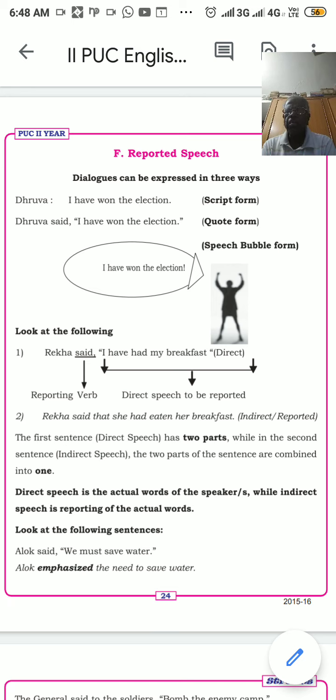Example, the minister said, I am glad to be here today. Here we have to change here and today. The minister said that he was glad to be there. Here becomes there. Today becomes that day. So this is very simple. You learn these words and change them whenever they come.